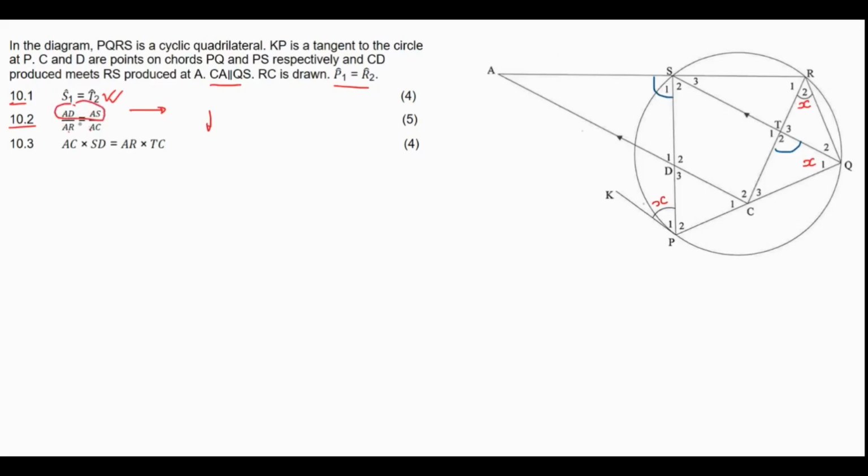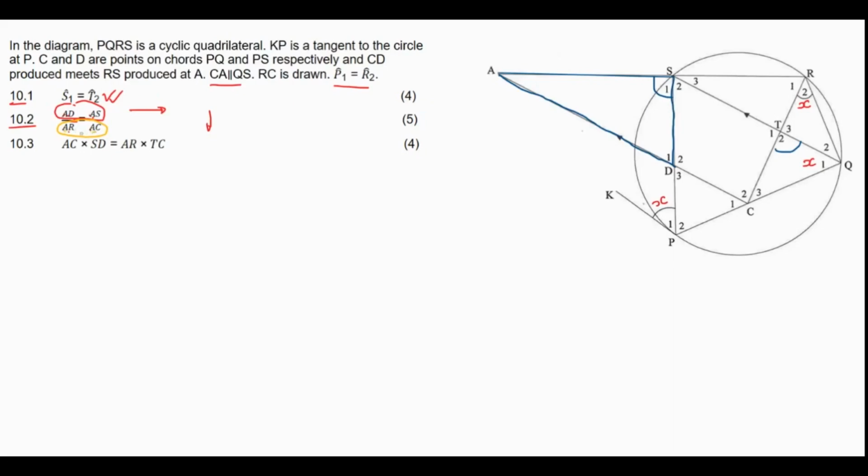We look at AD, AS. Do we have a triangle which is ADS? So the A must appear once because we have two of them here. So we look at triangle ADS. Let's highlight the triangle. This is triangle ADS. Then we look at the denominators. Do we have triangle ARC?